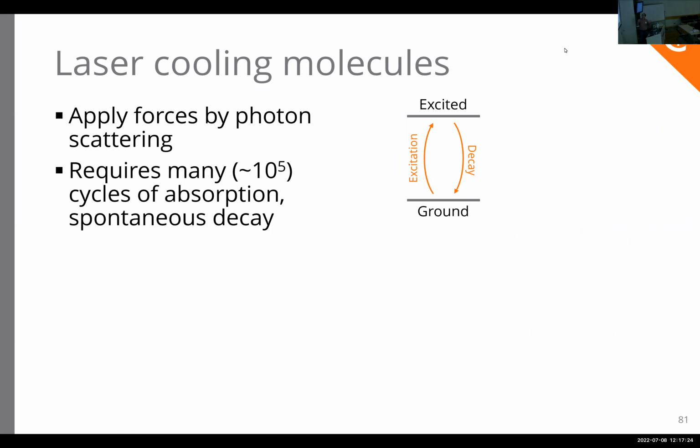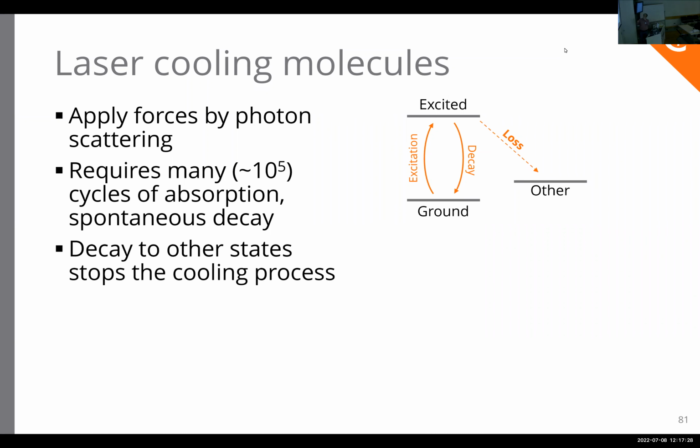That's fine if it's a 2-level system, where you can do this forever. But if there's any other state that this excited state can decay to, then it's gone. Because remember, the force comes from cycling photons. So if the species is in this state and you don't have a laser addressing the state, it doesn't feel any force anymore. It just falls, just goes away. There's an obvious solution to this, which is we'll just add a laser here.